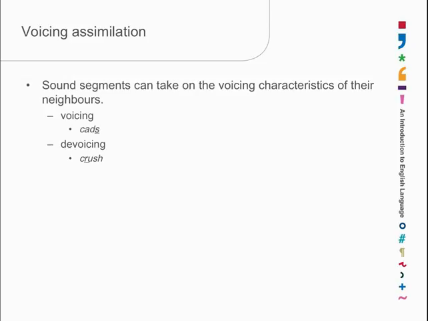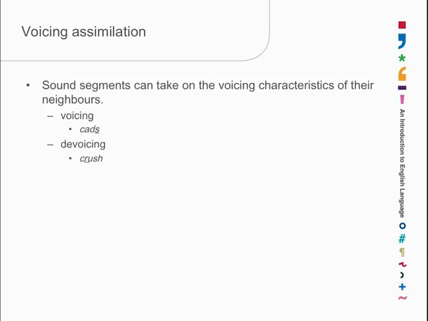That second consonant isn't voiced at all. It has lost its voice. Why has it lost its voice? Well, the K sound in front is also voiceless, so it's taken on the voicing properties of the preceding sound, and so we have a voiceless R.